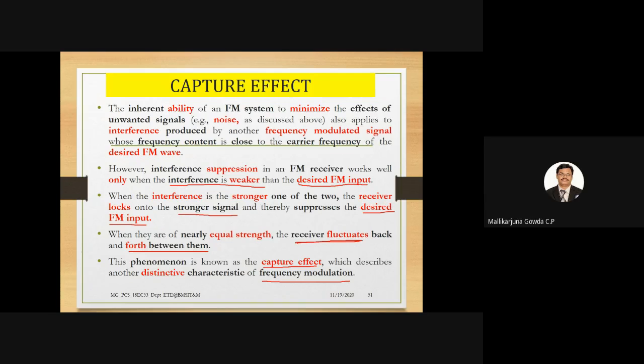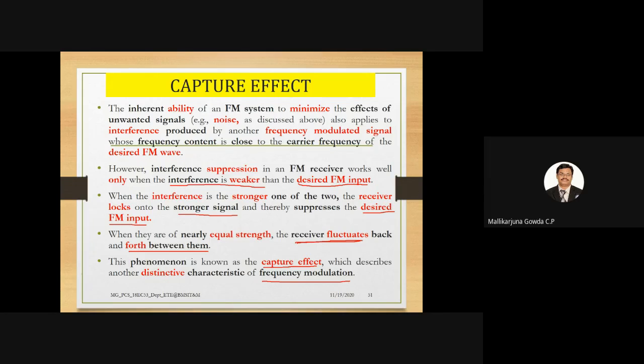One is when the interference is weaker than the desired FM signal, then the interference will be suppressed by the FM receiver. The second case is when the interference is stronger than the desired one, then the receiver will lock onto the stronger signal. With that, it will be suppressing the desired FM signal. So that is a serious issue, right?